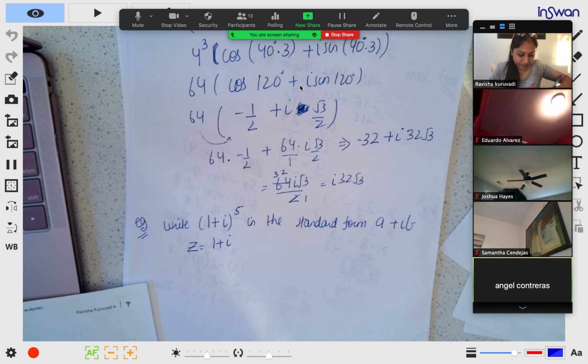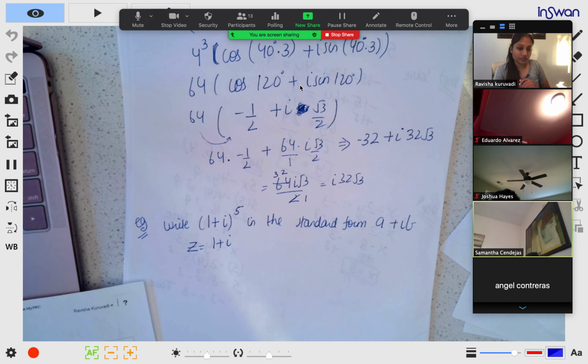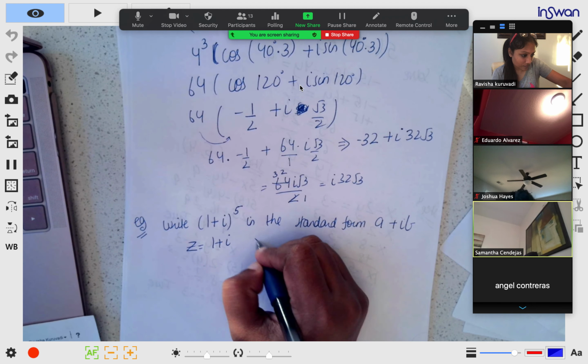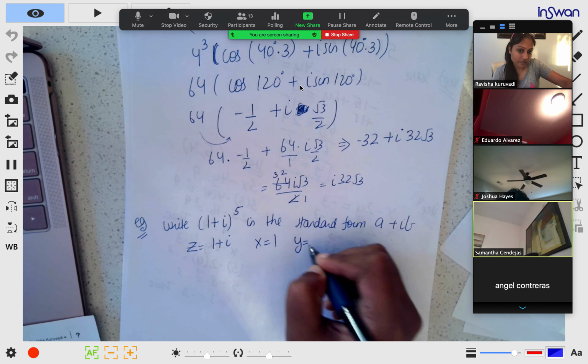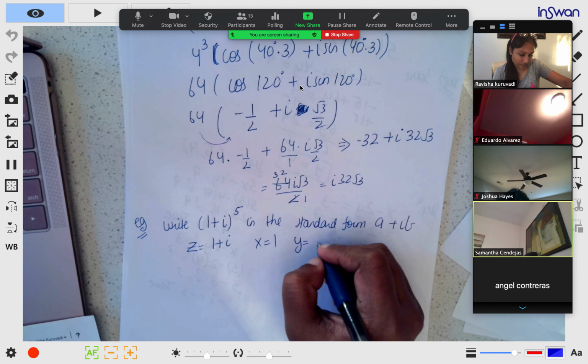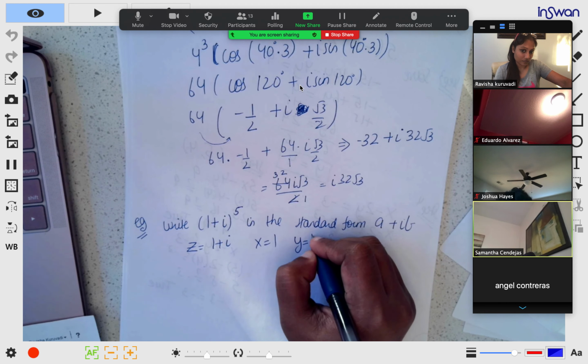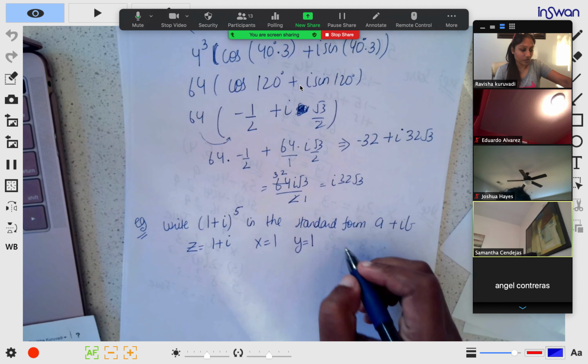Samantha, how do I convert this into polar form? So x is 1 and y is 1. How do you find your r?